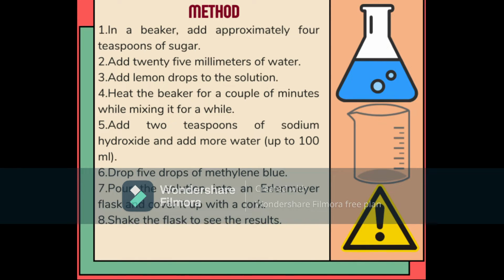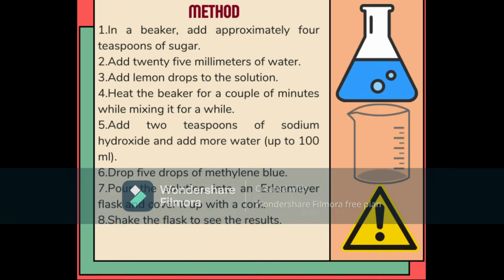Next, we heat the beaker for a couple of minutes, and while the beaker is heating, we keep mixing to make the process faster. Next, we add about 2 or 3 teaspoons of sodium hydroxide and more water.